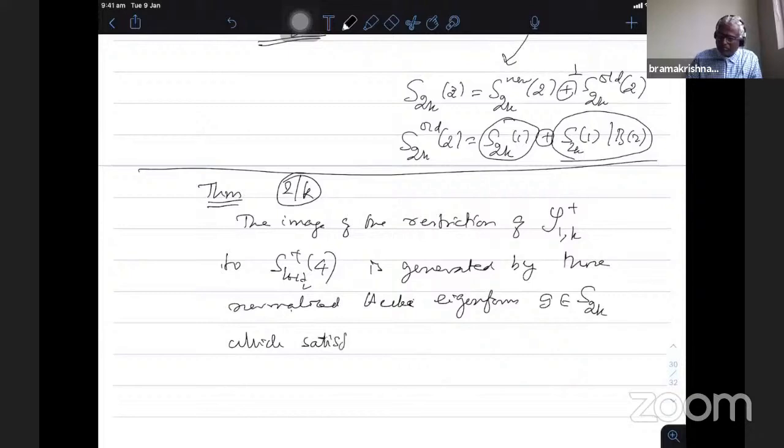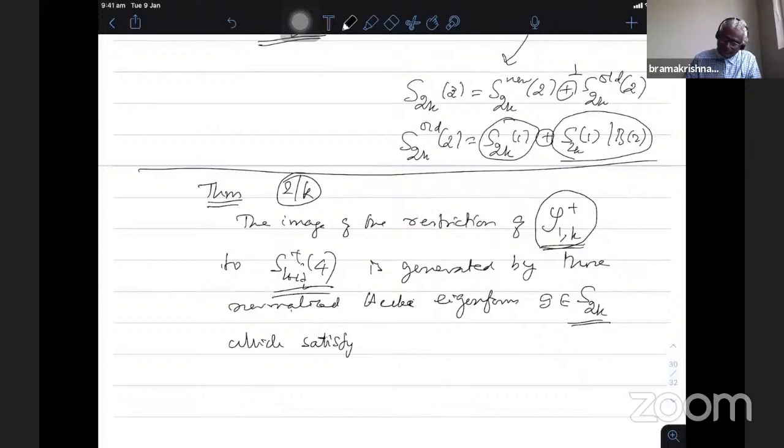So he is now talking about one particular mapping. Okay, we know that these two spaces are isomorphic under a linear combination of Shimura-Kohnen maps. But now he is saying that fixing a particular map S1K plus, if I restrict this to the plus space, this restriction is generated by those normalized eigenforms G which satisfy the condition that the L value of G at s equal to k is non-zero.